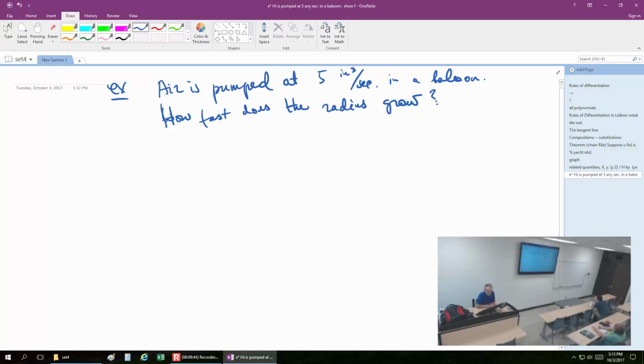Let's be careful about not trying to oversimplify it. We're not saying necessarily that the air is pumped into the balloon at a constant 5 cubic inches per second, but rather that at some moment of time that was the rate.